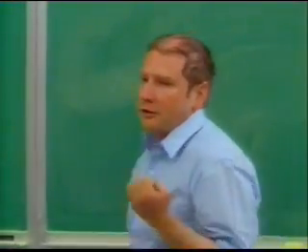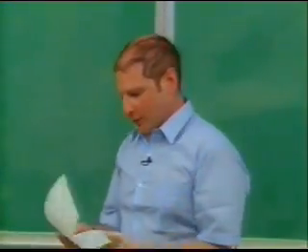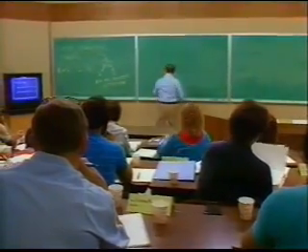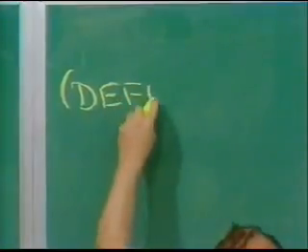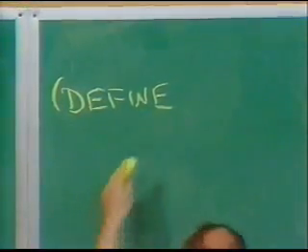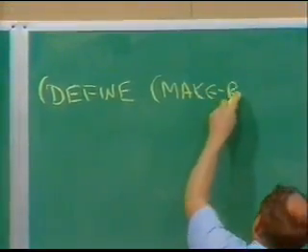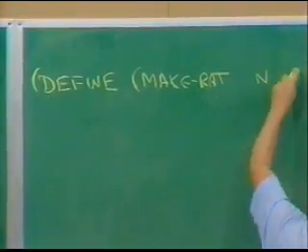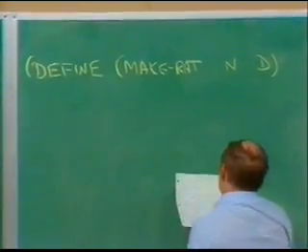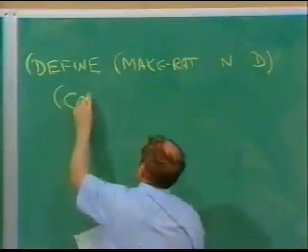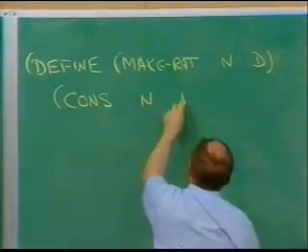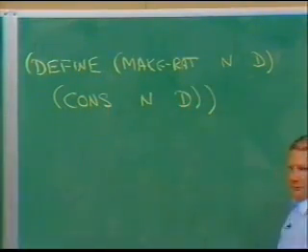Given them, it's pretty clear how George can go off and construct his rational numbers. Remember, George's problem was to implement make-rat, numer, and denom. So all George has to do is define make-rat of some n and a d. Well, all I have to do is cons them. That's cons of n and d.